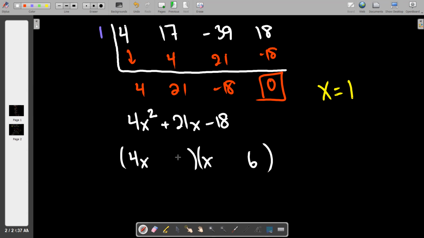So yeah, putting a 6 and a 3 like this will work. So I'm looking for the 24 minus 3. So this works. If I put the plus out here and the minus out here, this works. So my other answers are what? 3/4 and -6.